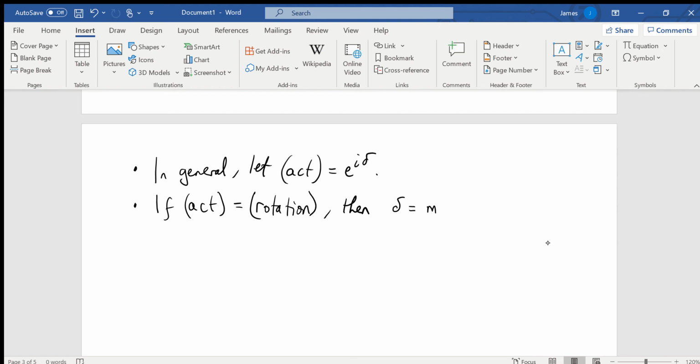So I'm going to let delta be m phi, where m is just a number. So m is a number, a real number, but that's not important because we're not looking at math. Just a number. And phi is an angle, and here it would make sense that it's the angle of rotation.